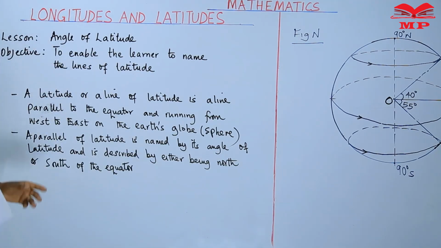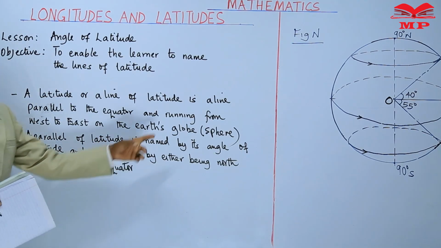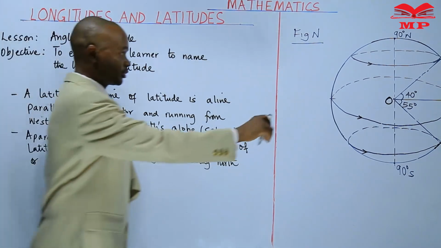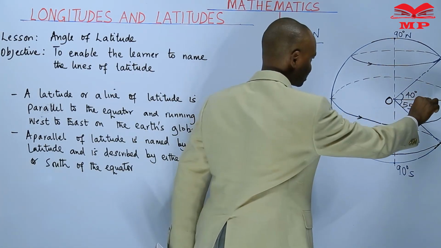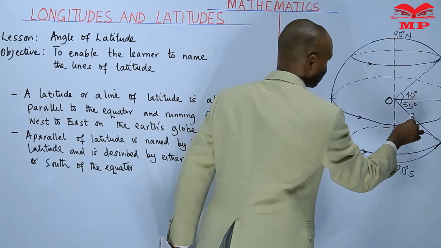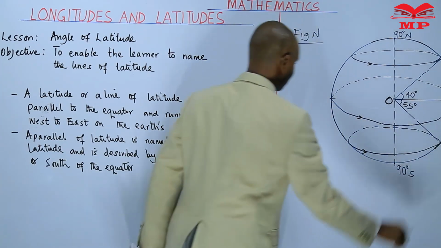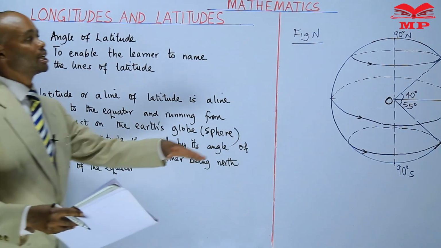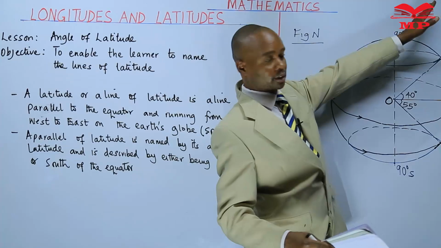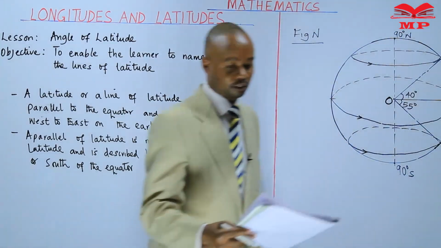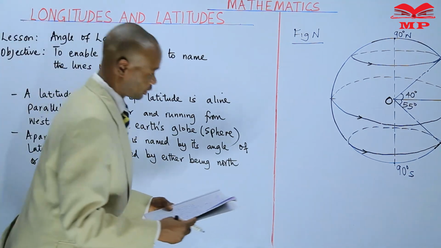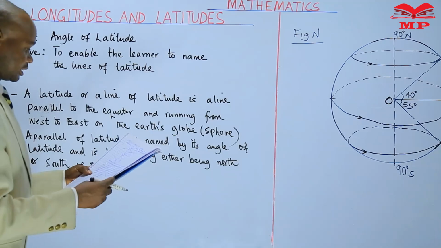So the statement goes there: a parallel of latitude like the ones shown there is named by its angle of latitude. We shall just find it is either this angle for B or this angle for A. It is named by its angle of latitude and is described as being north of the equator or south of the equator.